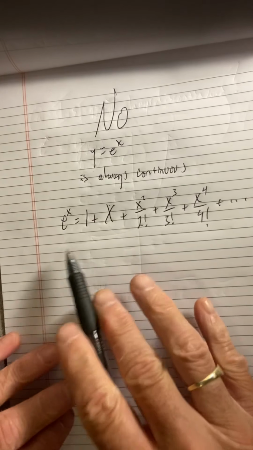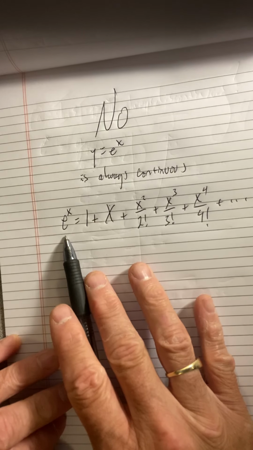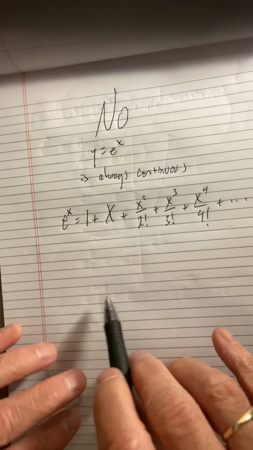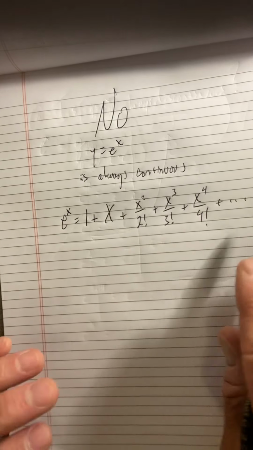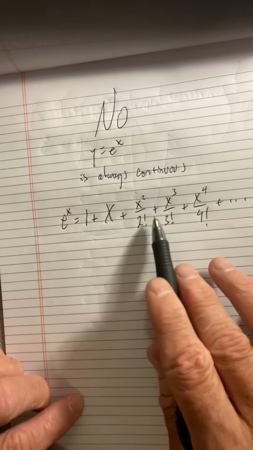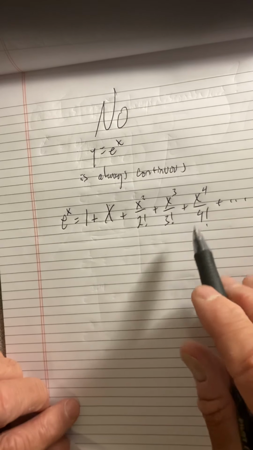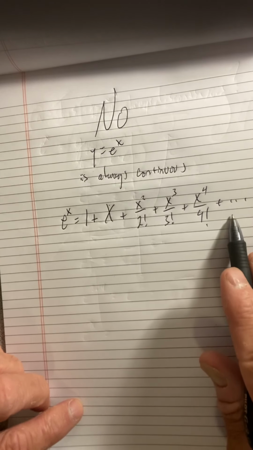And the reason why is because the correct definition for exponentiation is an infinite polynomial. So for e, the infinite polynomial looks like this. It's 1 plus x plus x squared over 2 factorial plus x cubed over 3 factorial, and so forth and so on forever. And of course, there's a limit involved here.